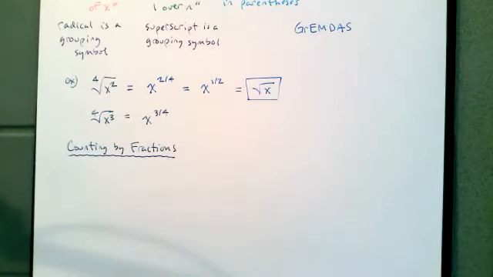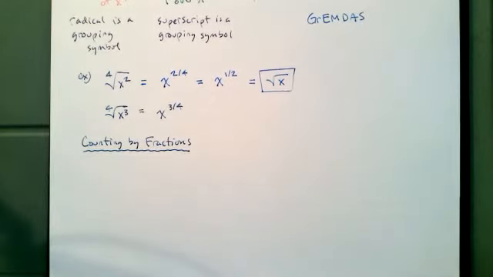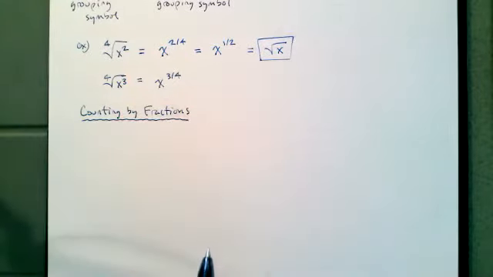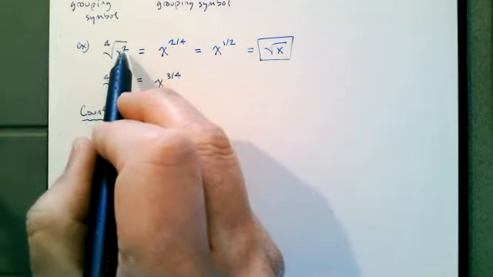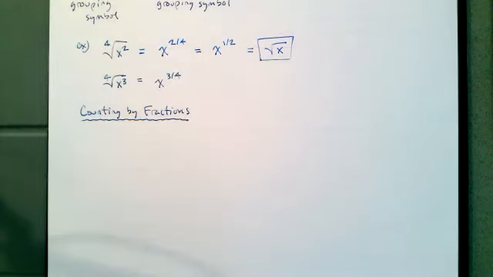So what I wanted to look at today was based on this x to the 2/4 is an x to the 1/2 thing. And I wanted to emphasize counting by fractions. We want to look at the comparison between counting in radicals and how that looks in our fraction exponents.